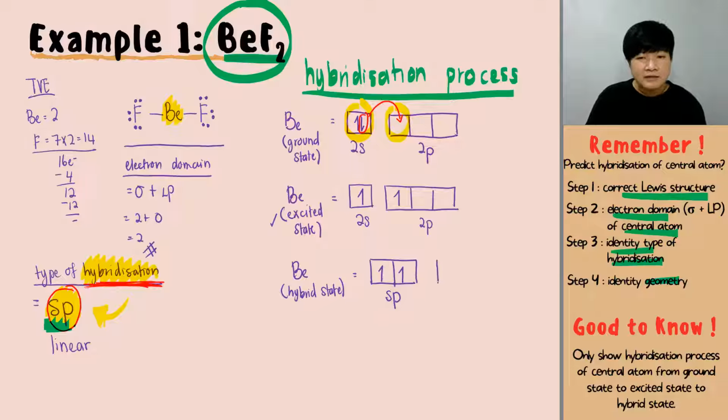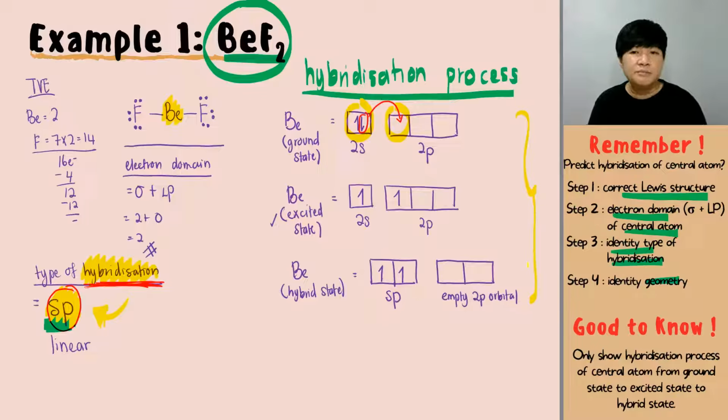And then, the number of boxes or the number of orbitals shall remain the same from the beginning till the end. So for those empty orbitals or the orbitals that are not involved in the hybridization process, make sure you label them. This guy will be the empty 2p orbital. Okay? And all the way here is the hybridization process of the beryllium central atom, moving from the ground state to the excited state to the hybrid state.